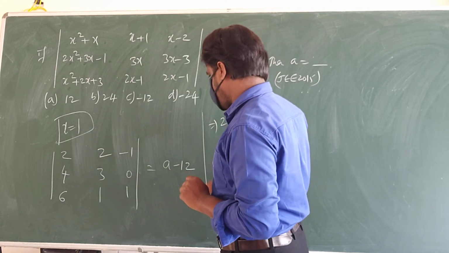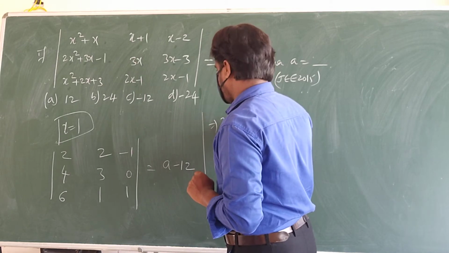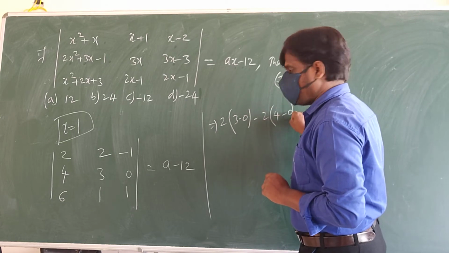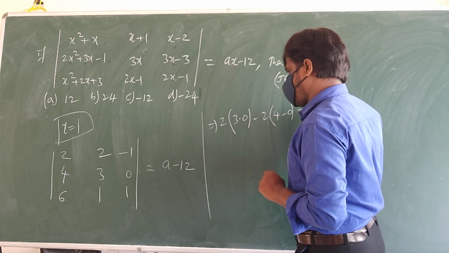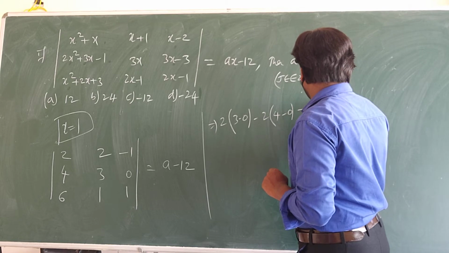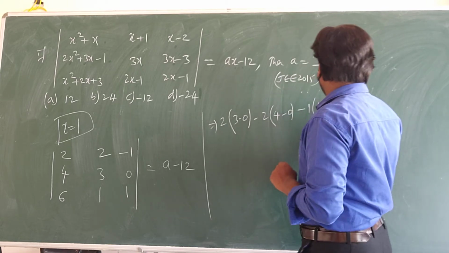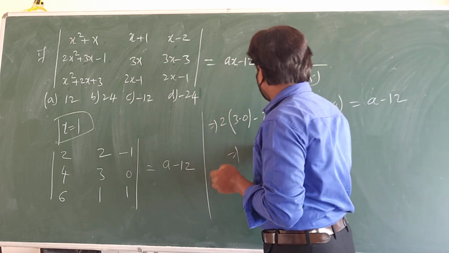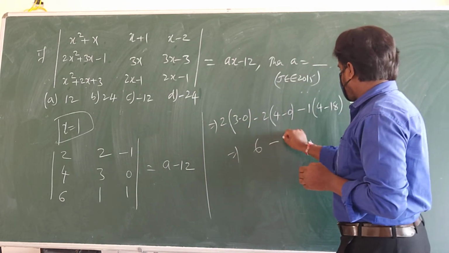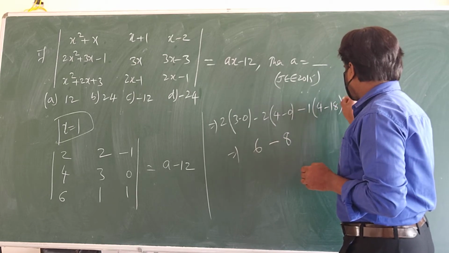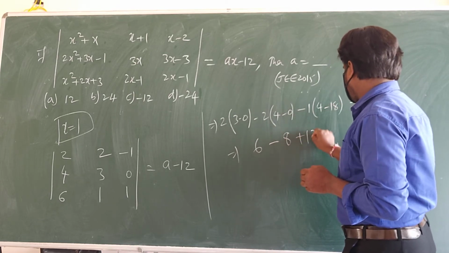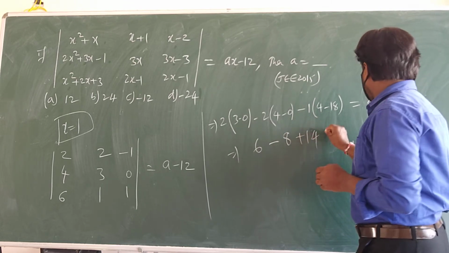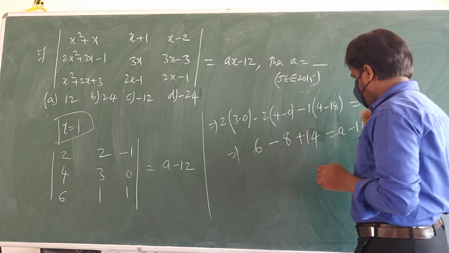2 into 3 minus 0, minus 2 into 4 minus 0, right? Minus 1 into 4 minus 18. So this is equal to a minus 12. So what do I get here? 2 threes are 6, minus 8, plus 12, plus 14 is equal to a minus 12.